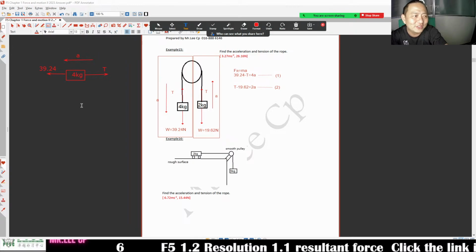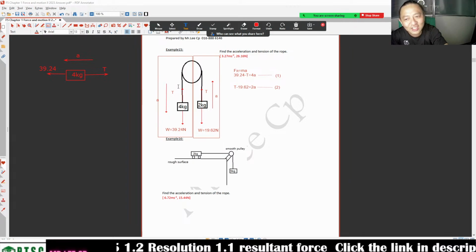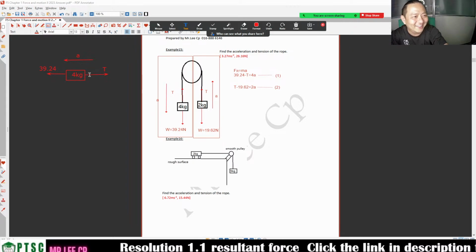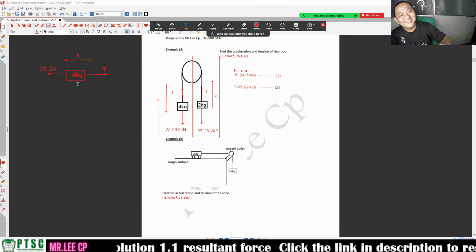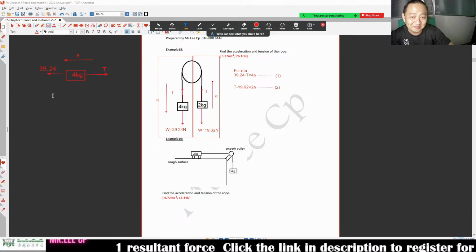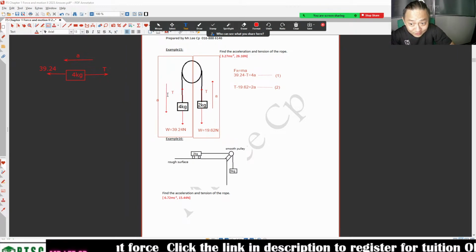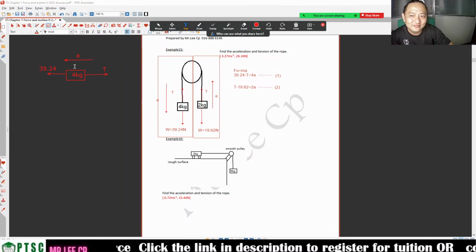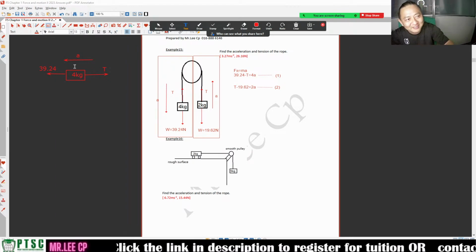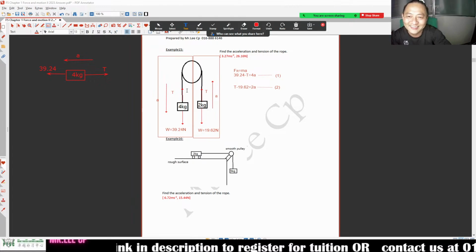Then every time you draw it this way. She said, teacher, up down I cannot, left right I can. Change it to left right, same thing: 39.24 minus T is equal to 4A. You want me to twist my graph 90 degrees? I cannot.